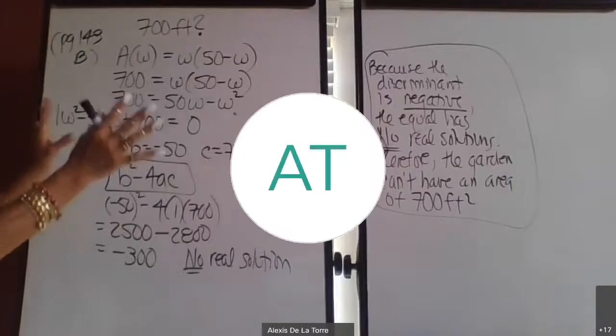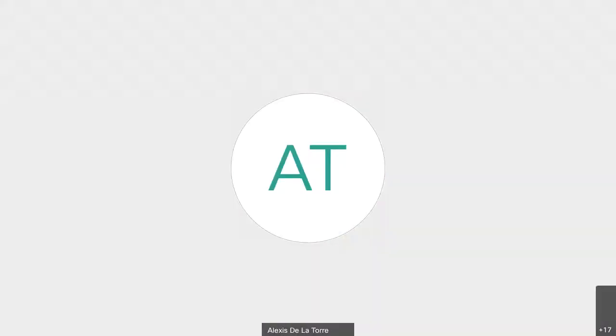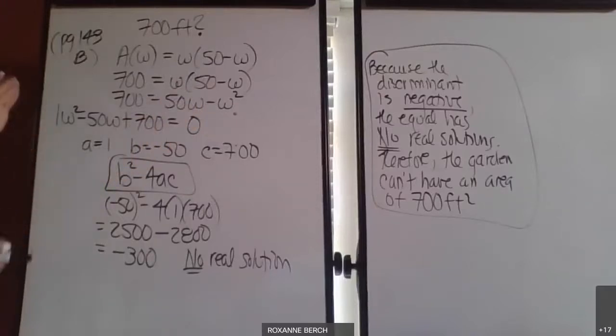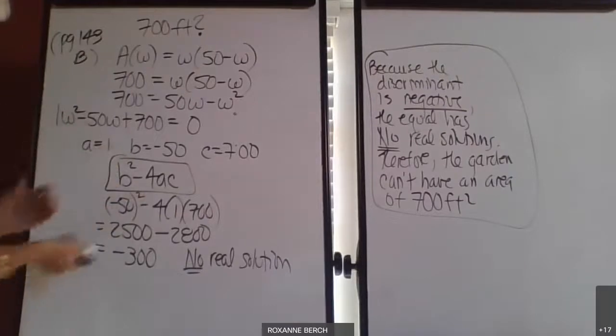You can do it however you want, but you could have multiplied everything through by a negative 1 to make it positive. If you want your life to be easy, make sure your leading coefficient is positive when you're solving an equation or when you're doing the quadratic formula or the discriminant.